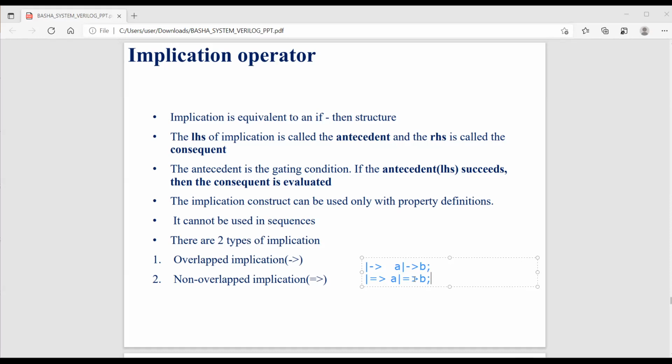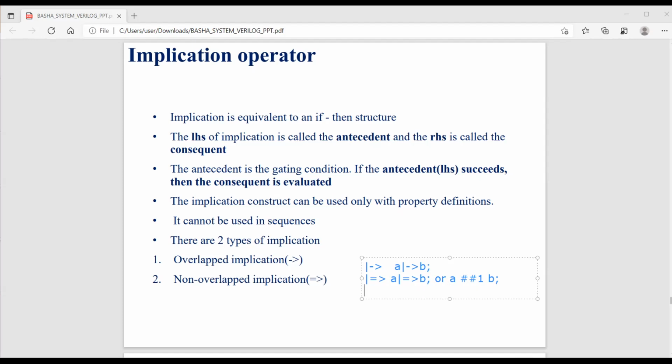So let's say you want to mention that A should be high and B should be high after one clock cycle. Either you can use the non-overlapped implication operator, or you can simply write that when A is high, after one clock cycle, B should be high. This way also you can use.